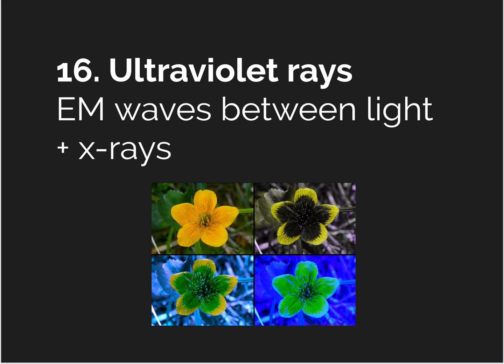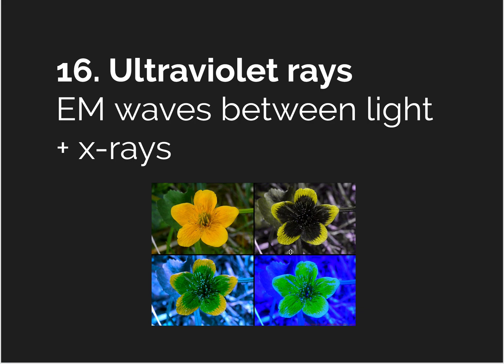Ultraviolet rays, or we could call them UV rays, EM waves between light and X-rays. So ultraviolet means beyond violet. So you get to violet on the light spectrum or purple, and you go beyond violet and you get ultraviolet. This picture here shows different images of a flower. This one on the top left is how the flower looks in visible light.